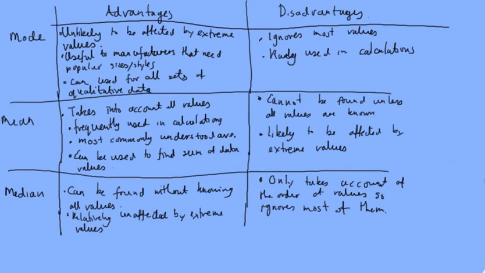Now, let's look at another example. Let's consider the number of days a courier company takes to deliver 100 packages.